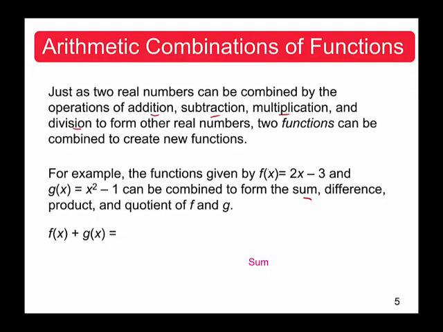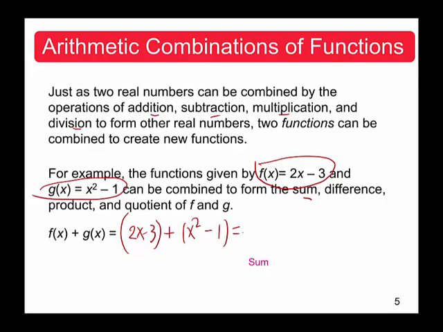So let's say f of x equals 2x minus 3, and g of x equals x squared minus 1. If you combine the two functions by adding them, just do 2x minus 3, adding x squared minus 1. Put into the parentheses and then get rid of the parentheses. Since it's addition, we keep everything as it is.